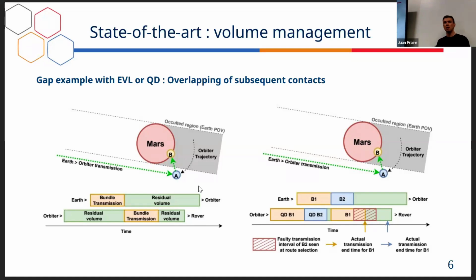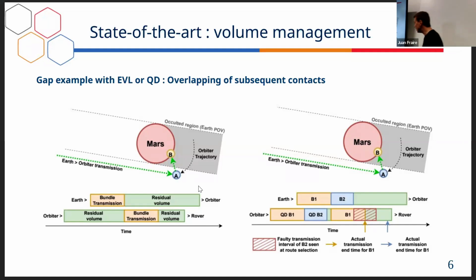In this case, along an end-to-end path with several hops, you might have overlapping of subsequent contacts. If you have overlapping, then you need to rely on the queue delay, but you can end up in situations where the overlapping is so prominent that you are not able to calculate the earliest transmission opportunity at the intermediary hop.